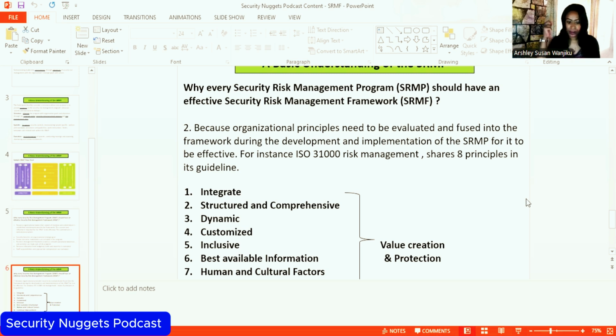Again, the human and cultural factors. This is a very critical principle, because if you don't factor in the organizational culture in your security risk management program, a lot will go wrong along the way, especially in the execution.